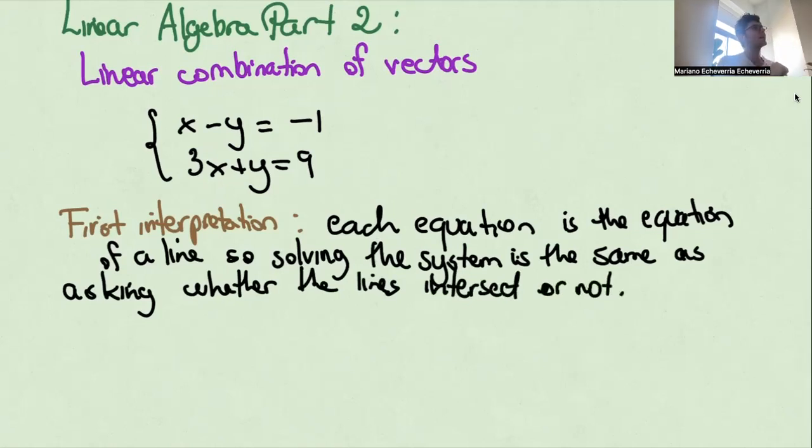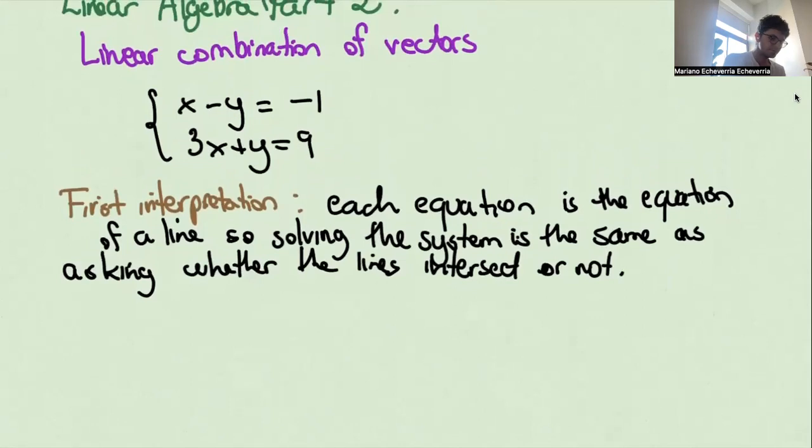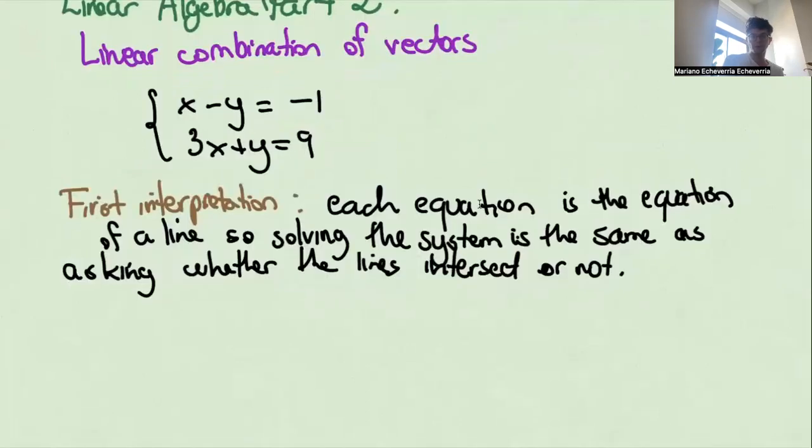Then the second interpretation was in terms of matrices, if you remember. So let me rewrite this as a matrix.